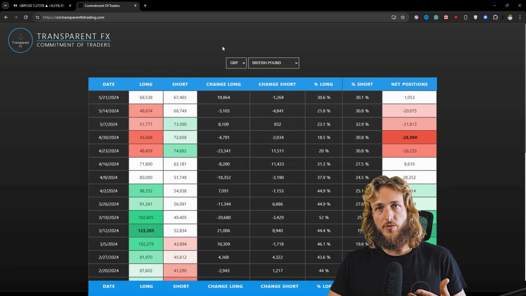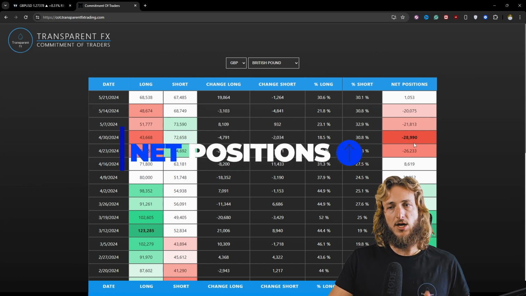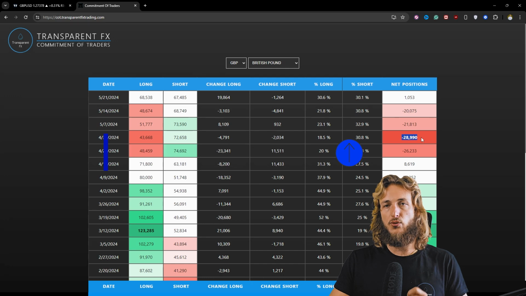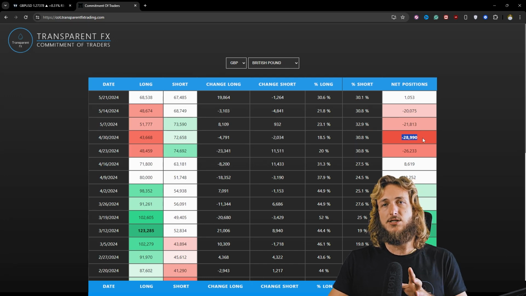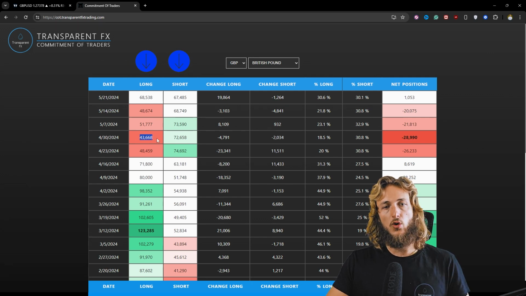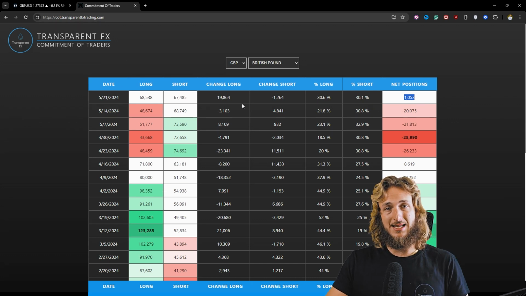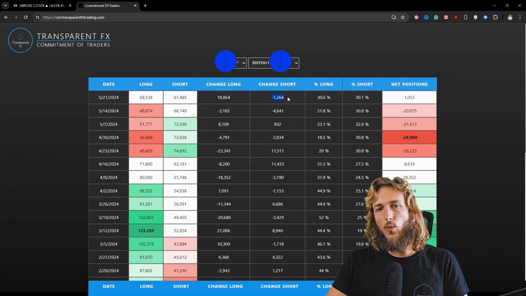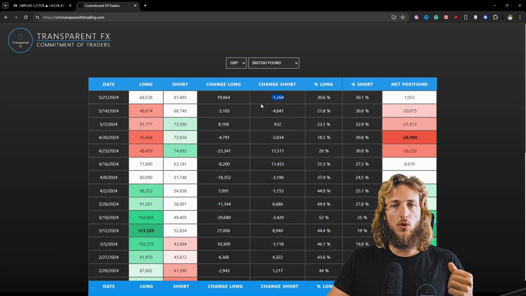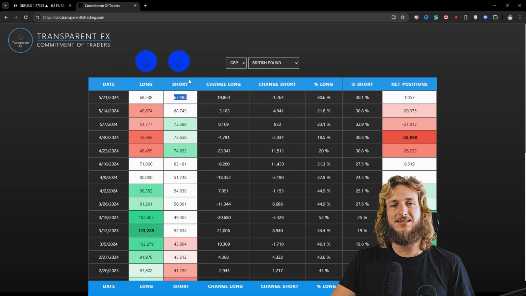And what we can see here on GBPUSD is that with the last reports, institutions have been moving aggressively back to the bullish side. We went, in fact, from having minus 28.9k net position, so a situation where institutions had way more shorts than longs, with 72.6k shorts compared to only 43.6k longs, all the way up to now having the complete opposite, so a situation where we have a positive net positioning with more longs than shorts: 19.8k longs added with the last report, and 1.2k shorts getting closed, bringing the overall values to 68.5k longs compared to only 67.4k shorts.